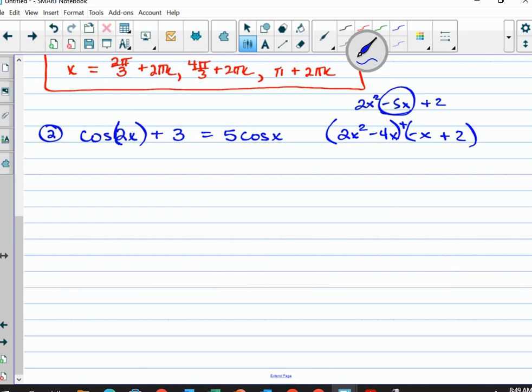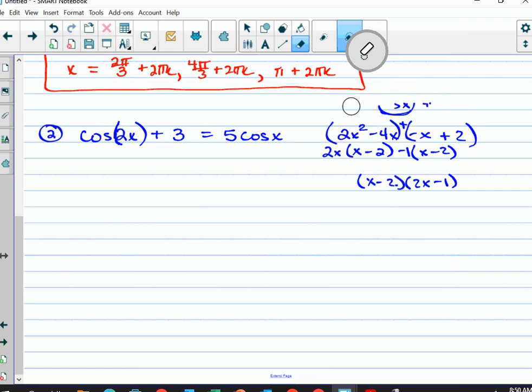Would I take 2x out? And then times x minus 2. And then -1. Those match, so... Oh, you just take this. Okay. What do I do? Could you keep that side? Very good, yeah.